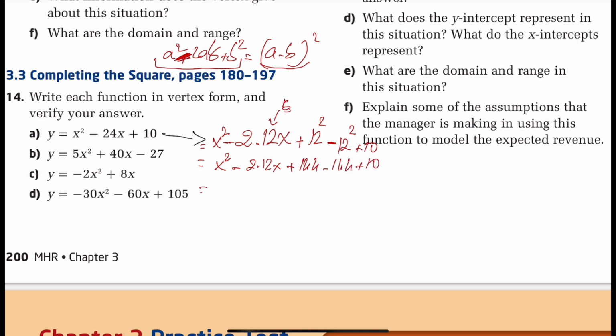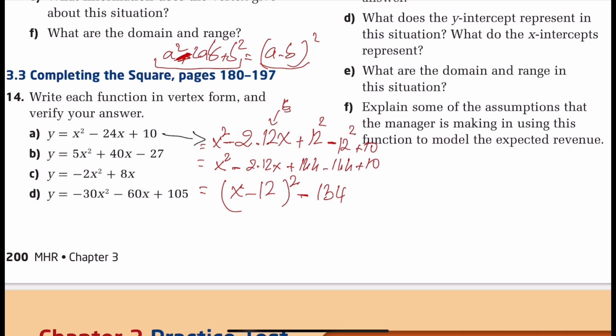Because I have this in this form, I can switch it to this form. So this is equal to x minus 12 squared, which is a minus b squared, minus the rest. Minus 134.